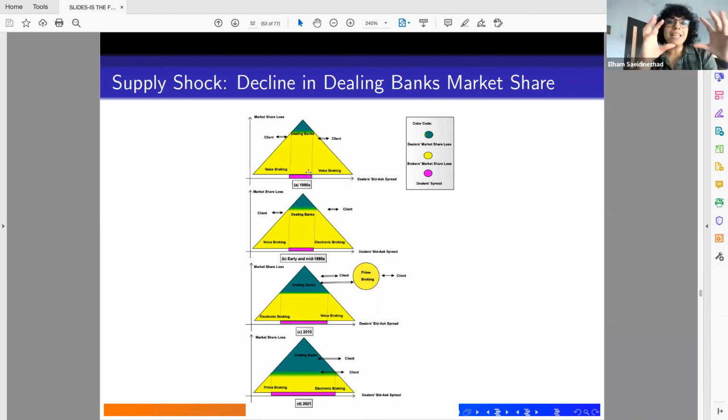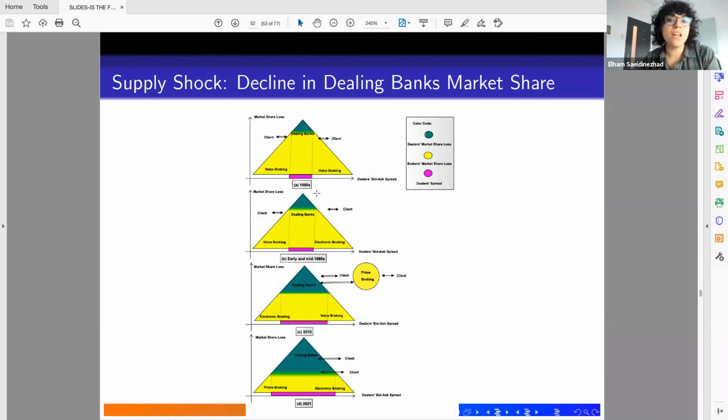And especially the part of this blue box where the dealing banks used to operate is shrinking. So these four diagrams are based on the review of the literature. And once we review the literature, we see that this is a process that was already in the making and started to happen from the 1980s.